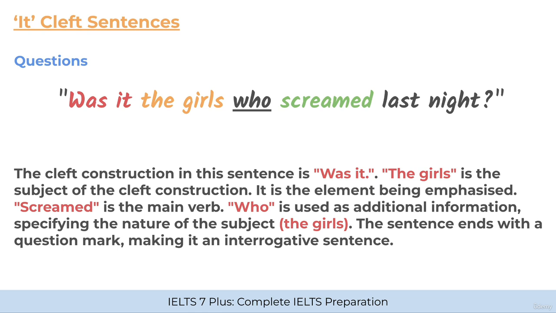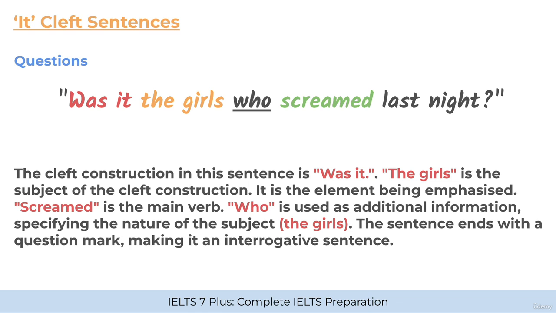The girls, the subject of the cleft construction, then that's what's being emphasized. Then we have screamed as the main verb. Who is being used as additional information, our relative pronoun there, and the sentence ends with a question mark, so this is an interrogative sentence here.